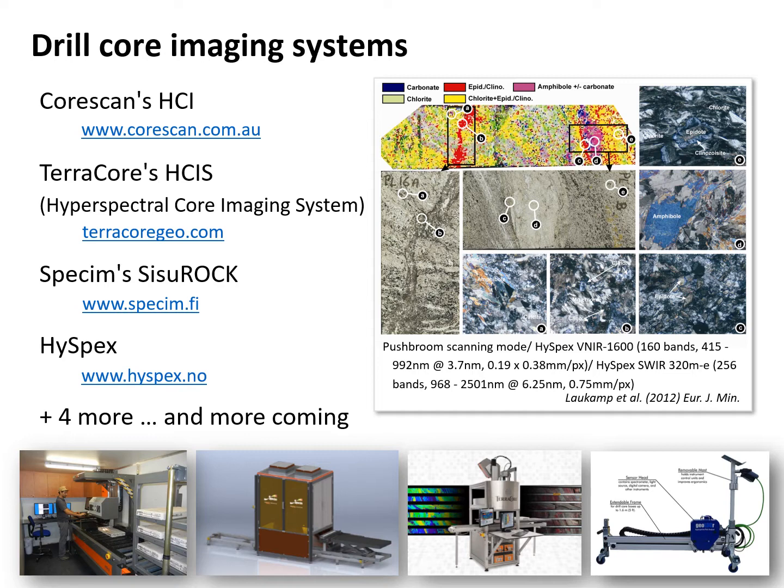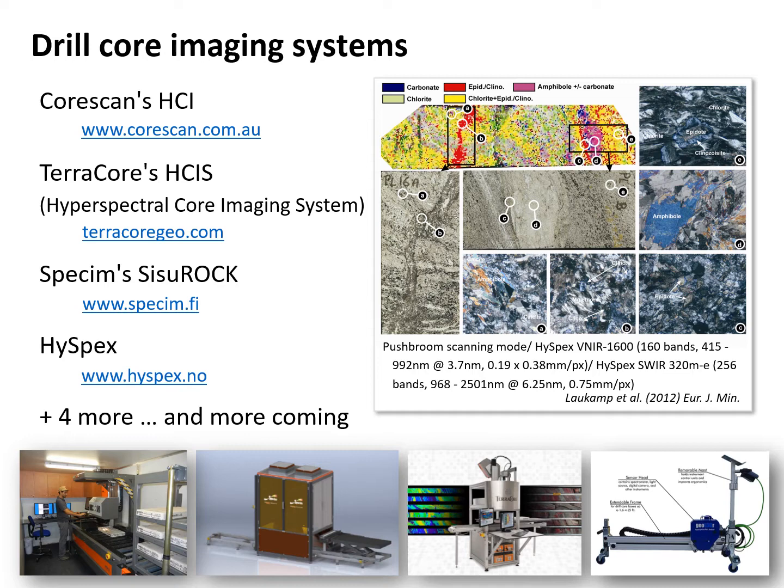The drill core imaging systems offer some very detailed analysis of usually smaller amounts of material. One advantage they have is that each pixel is very small, so you only see one mineral in it.